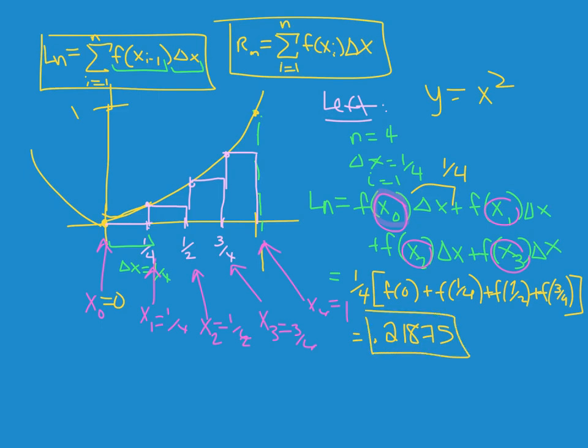Now, I did say that there's other ways to do this. The other way that you can do this problem is by just finding the area of each of these things individually. So for example, I know that at x equals 3/4, my y value is going to be 3/4 squared, which is 9/16. That 9/16 is the height of this rectangle.